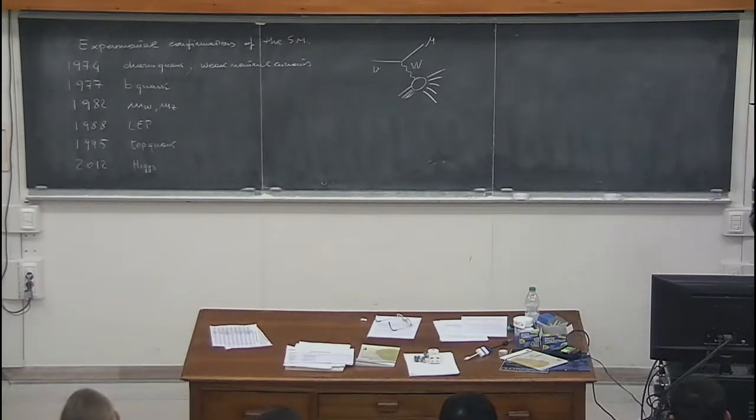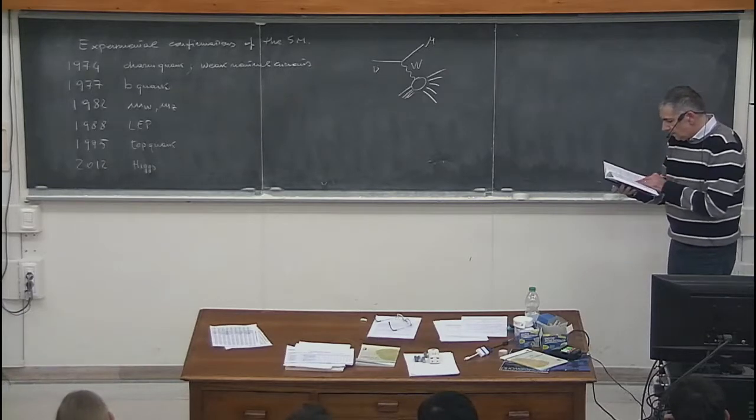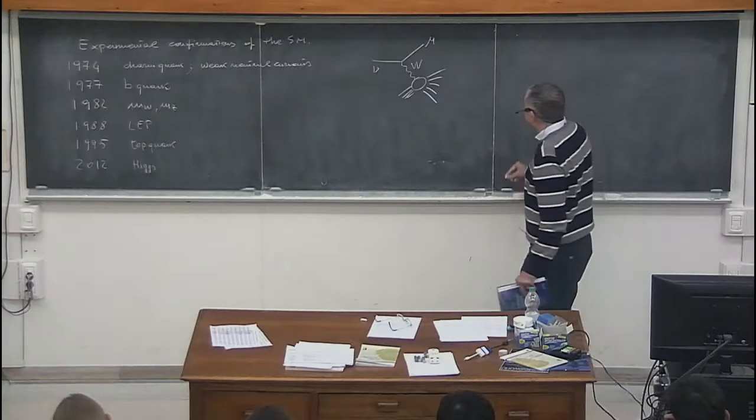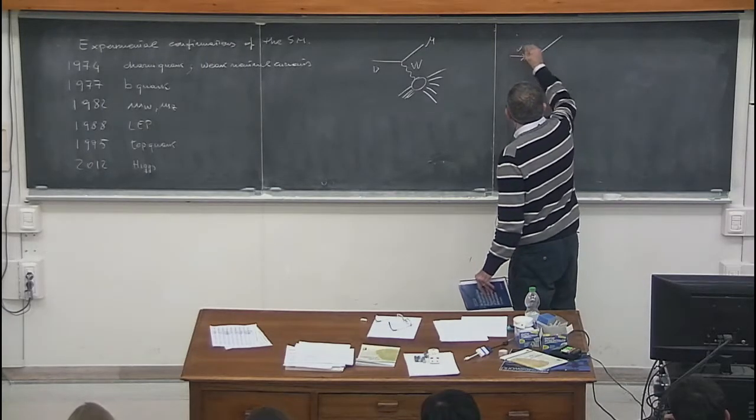But if you assume that there are also neutral currents around, then you also have a diagram like this, in which the exchanged vector boson with the nucleon is a Z boson.